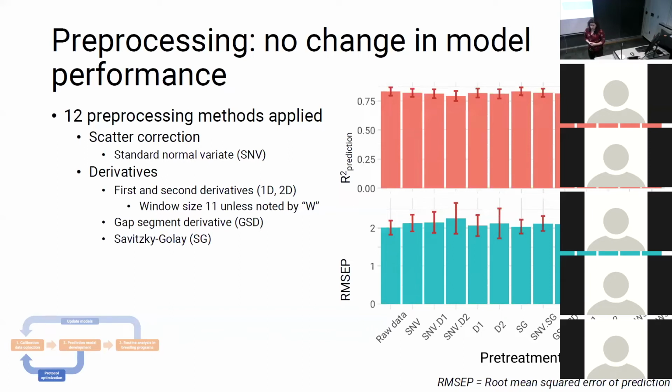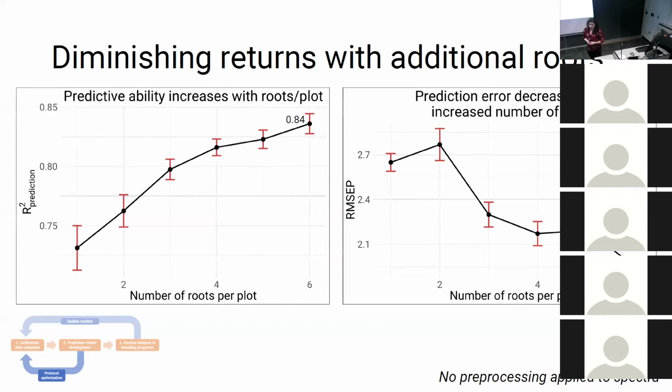One other thing that I looked at in the protocol optimization is the number of roots that I included per plot. If you remember, I had the dry matter content for each individual root, and I used that in this analysis. From left to right, we have 1 through 6 roots per plot, and then this is the R-squared prediction again, and the root mean squared error of prediction.